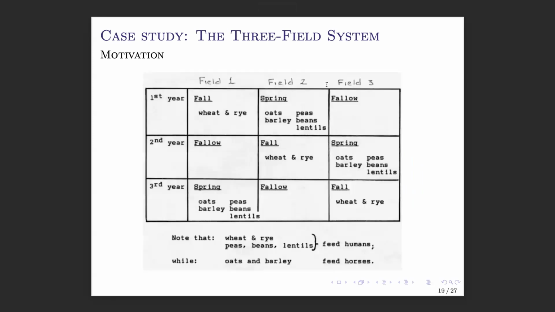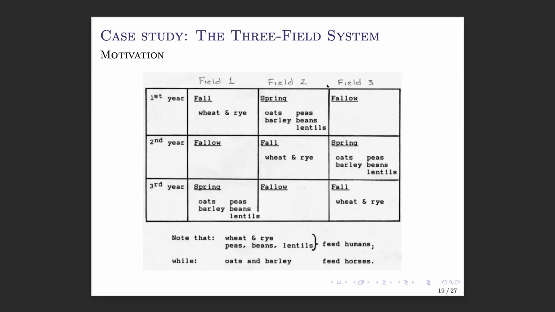What is the three-field system? It basically follows the two-field system, in which you have two fields in rotation, alternating between being used for agriculture and being in fallow.